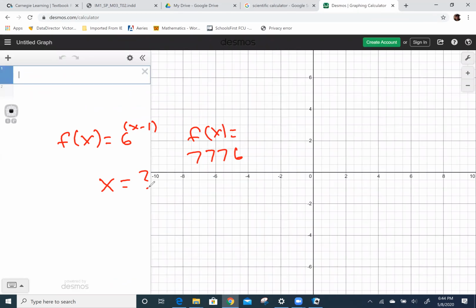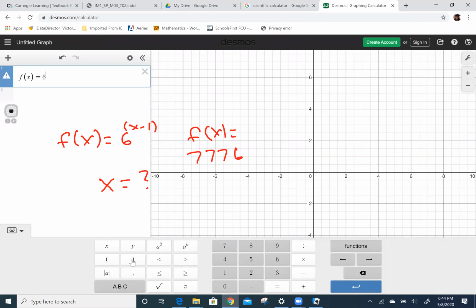So I'm going to type it in, f of x equals 6, shift 6, that's how you do the exponent. Or you can also go here and use the a to the b power, that also does the exponent.